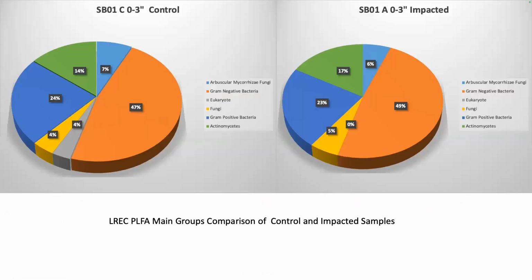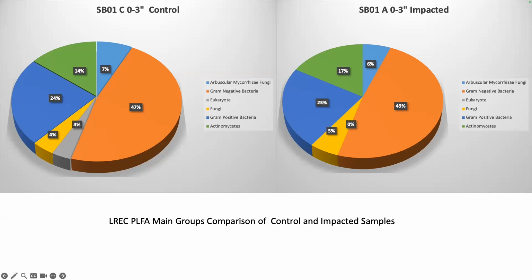But one of the things I did find out, I was looking at the control here on the left. This is in the prairie. The impacted area is on the right here. And if you break it out as a percentage of the biomass that's there, they actually came out pretty similar. I think over here, the gram-negative bacteria was the biggest one. It was 49 in the impacted area and 47 in the control. So most of these look similar overall.